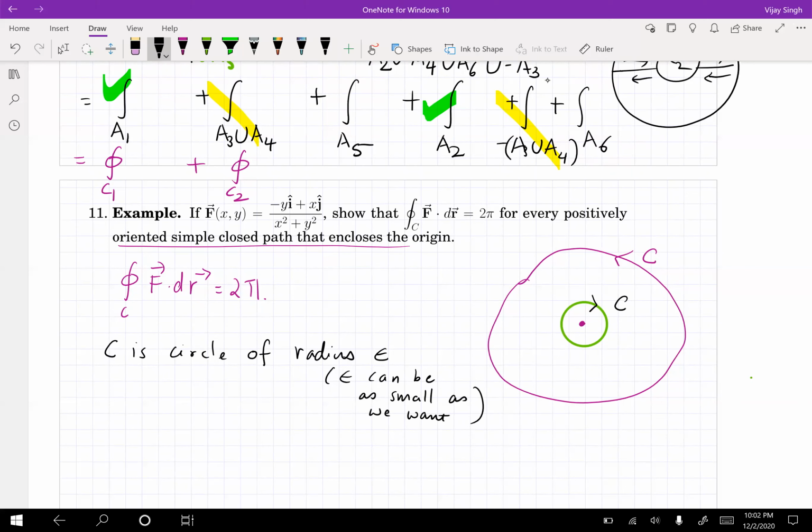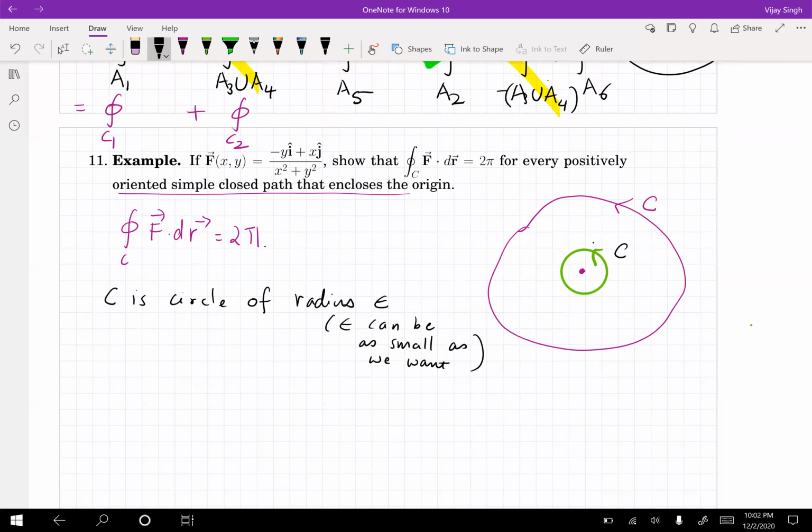So let me change the orientation and have an orientation like that for C. Okay, so C is a circle oriented anti-clockwise, positively. So that means minus C will be oriented in the clockwise, right?